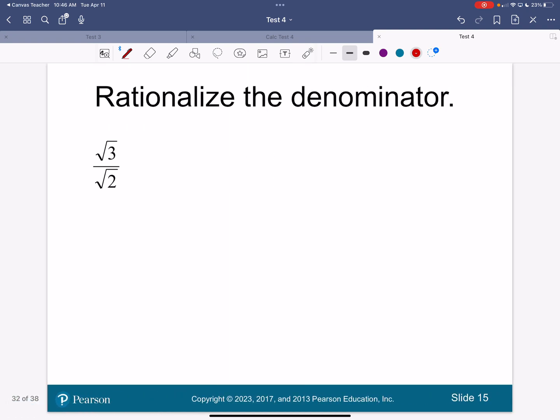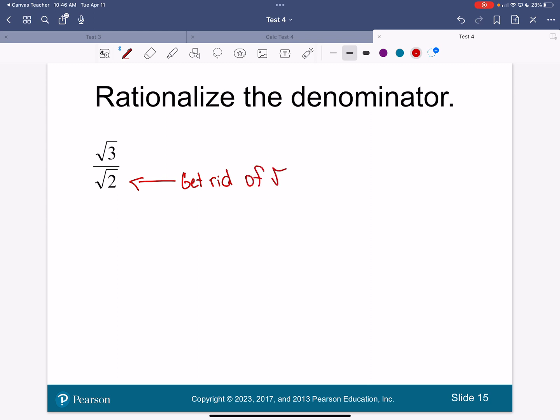So what I have right here is the square root of 3 over the square root of 2. What I want to do here is get rid of that square root of 2 in the denominator. It's okay to have 2 in the denominator. What I don't want is the square root.